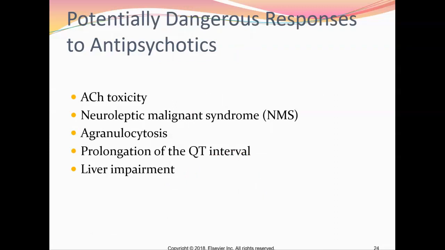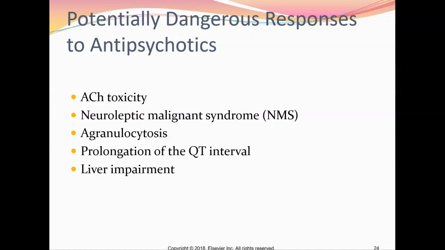And then this goes into some of the dangerous responses that sometimes we can see with our antipsychotics. Because of agranulocytosis, we'll typically do lab work where we're looking at their blood counts for them. We want to assess for neuroleptic malignant syndrome. I don't think we've really talked about NMS before, but with this, it's life-threatening.